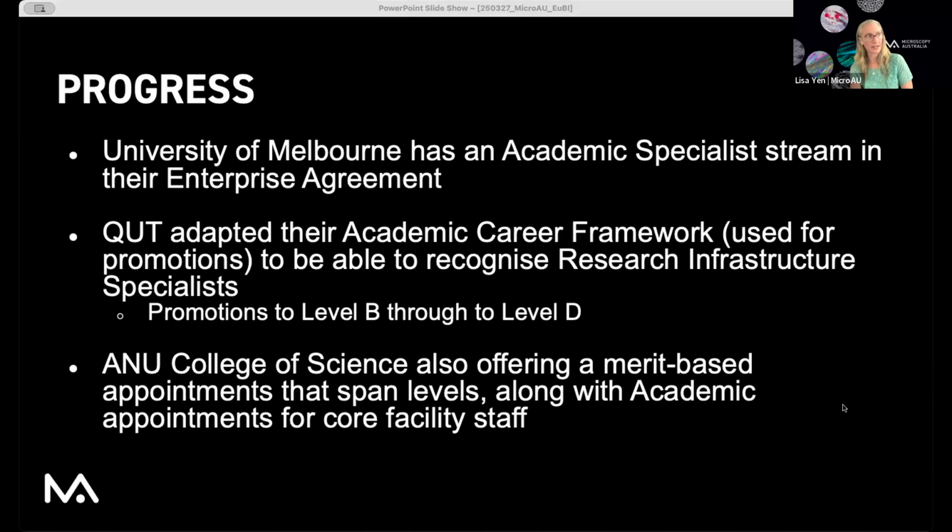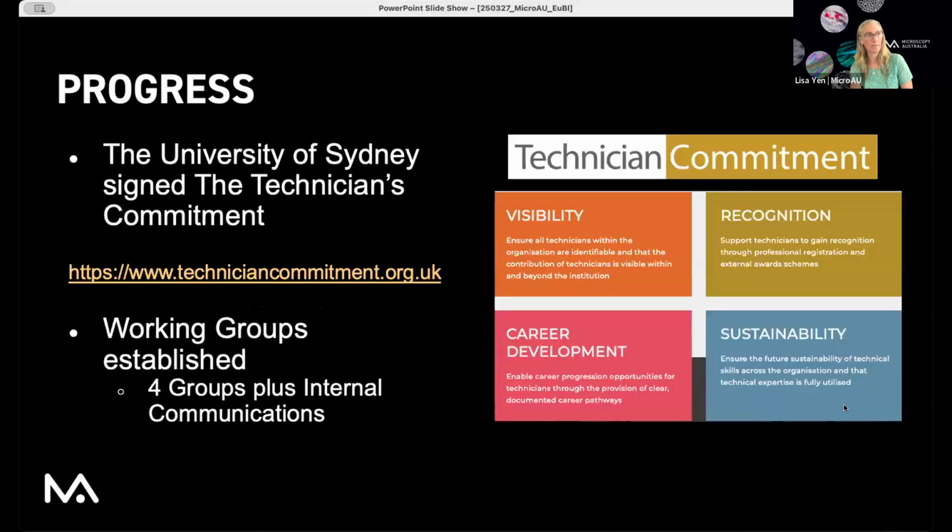But for the sake of time, I will move forward. There is a little bit of experience within Australia now of the Technicians' Commitment out of the UK. The University of Sydney, which is the lead organisation for Microscopy Australia, has signed that.